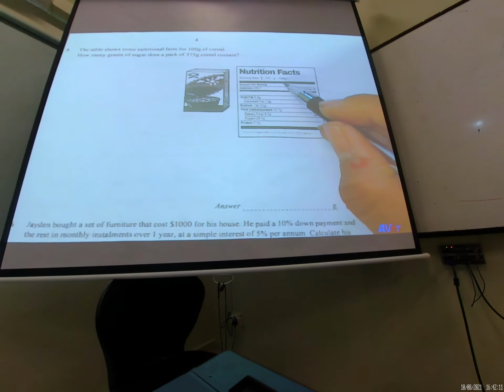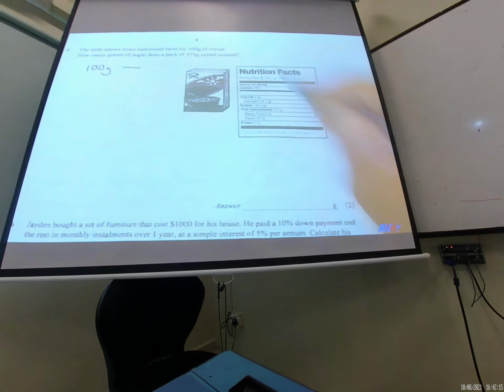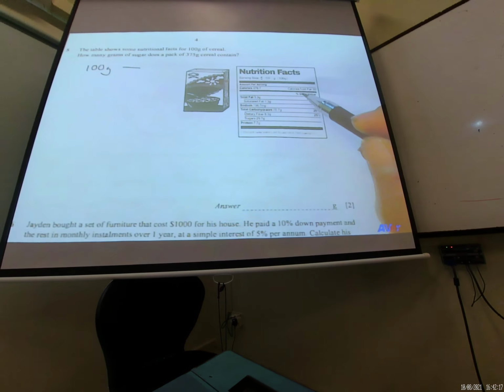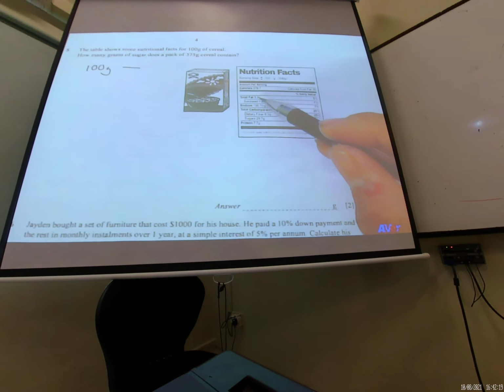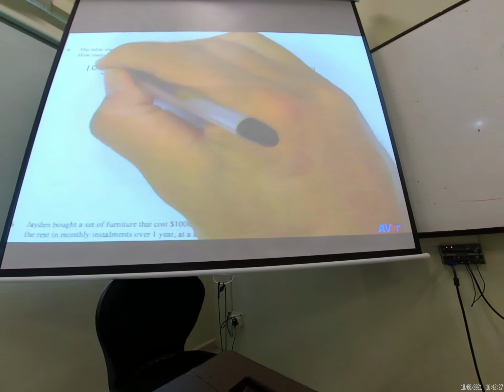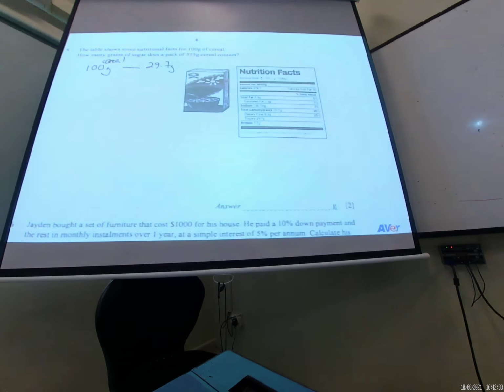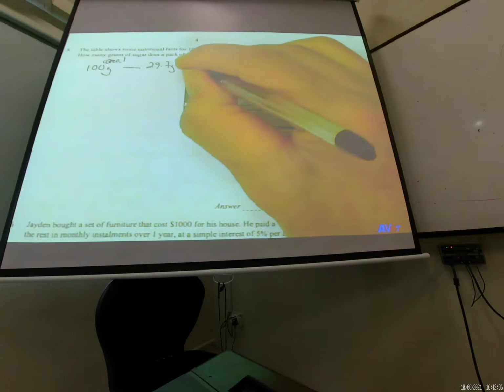So every 100 gram of cereal contains how much sugar? Sugar here, 29.7 gram. Every 100 gram of cereal, you have 29.7 gram of sugar.